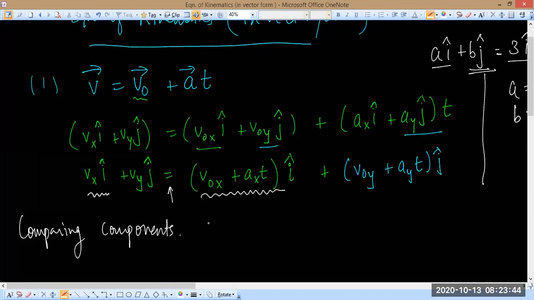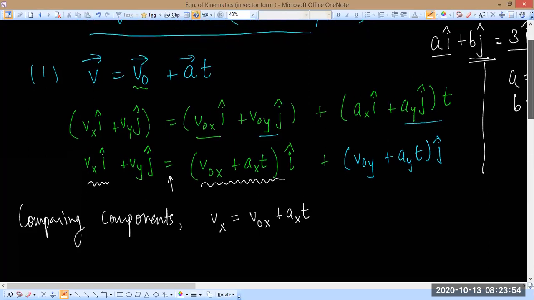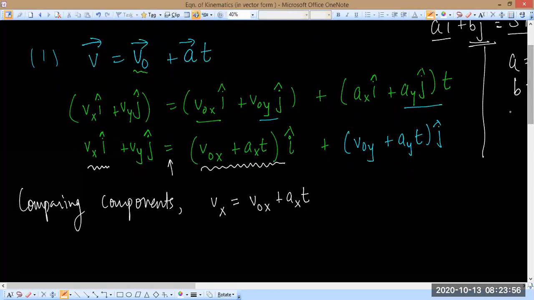Okay, comparing components, vx is equal to v0x plus axt, right? Okay, so this is the form in which we wrote that. Okay, and similarly if you compare the y component over here, you are going to get vy equal to v0y plus ayt.